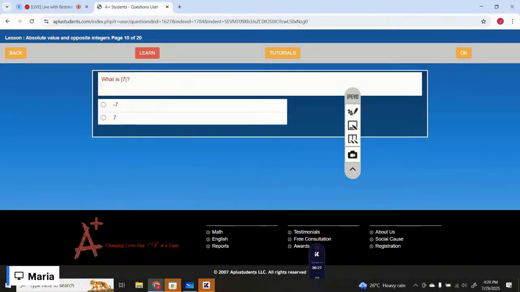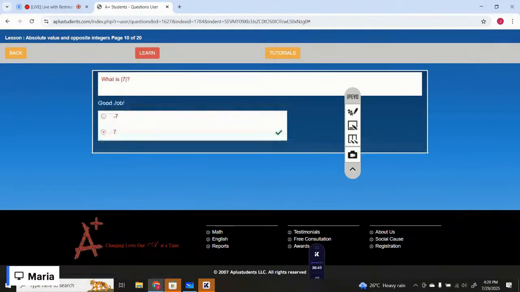What is the absolute value of 7? So absolute value of 7 is 7. Absolute values are always the positive values.